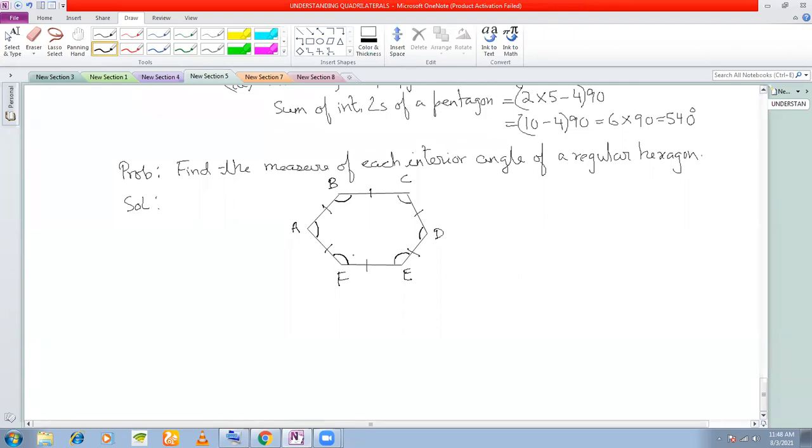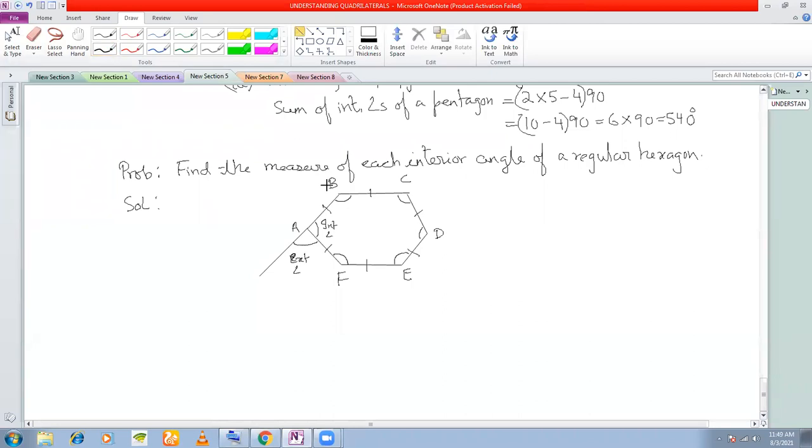Now, before proceeding with this problem, let me just tell you the meaning of exterior angle also. If I produce this side, then this angle that I'm going to get here is called an exterior angle. This is the interior angle.